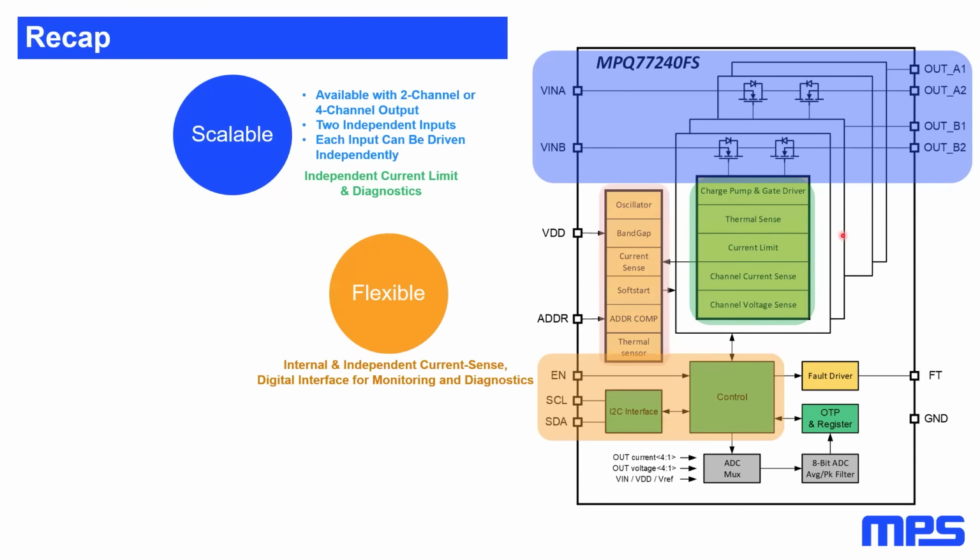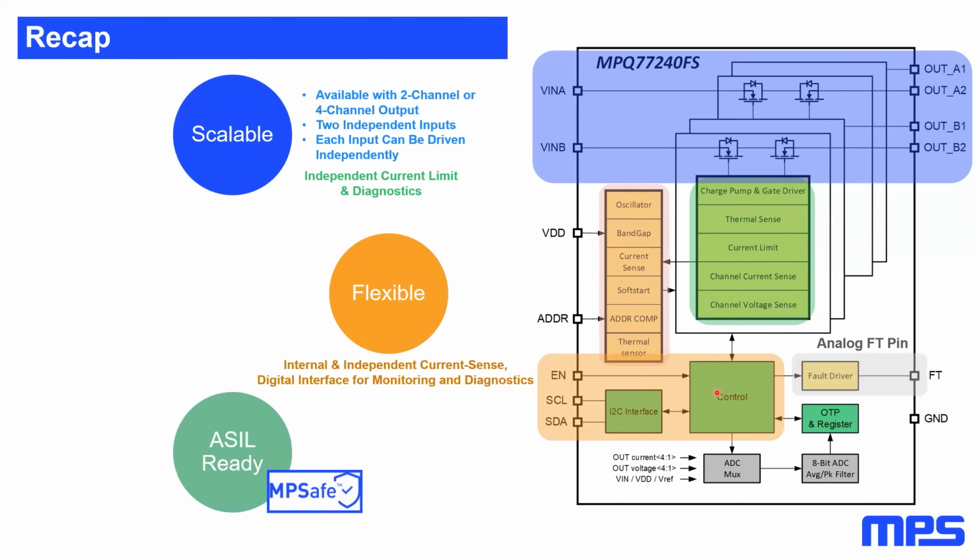Let's say the second step is the flexibility. We have the internal independent current sense, and the digital interface for the monitoring and the diagnostics through the I2C. Third, it's ASIL capable, through the fault pin and the internal diagnostics of the IC to reach this ASIL level.